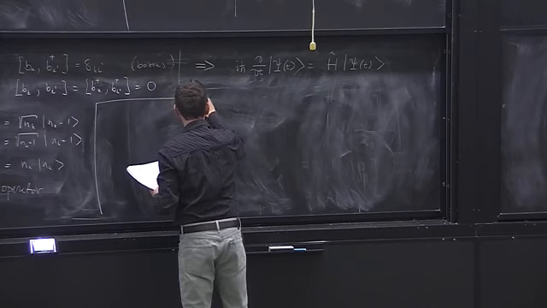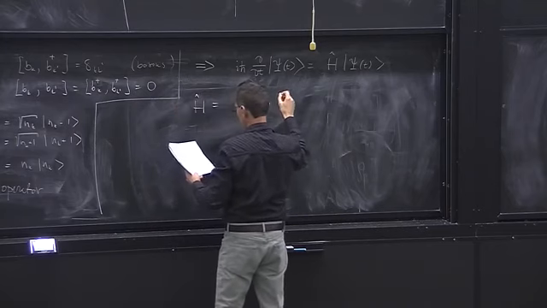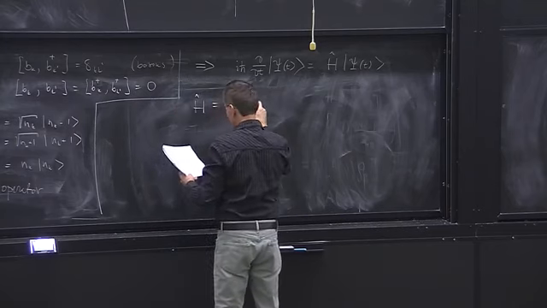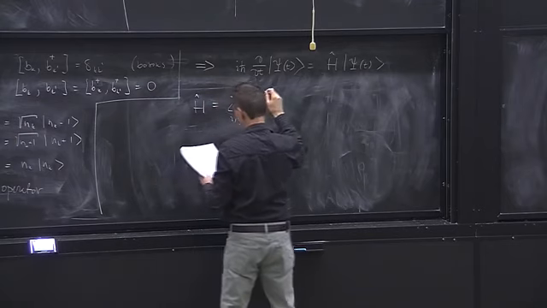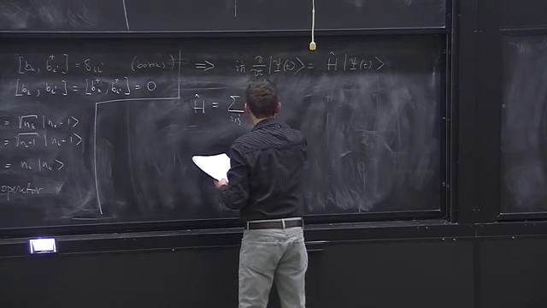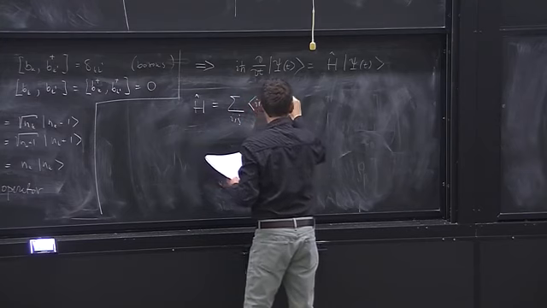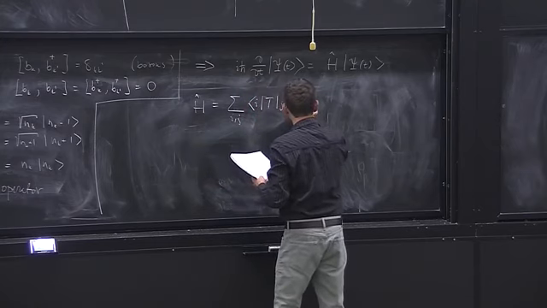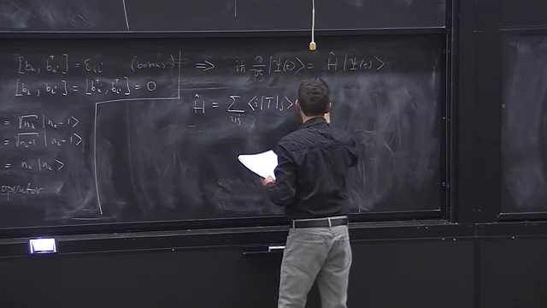It has two terms corresponding to kinetic and potential energy, and it looks like this: sum over i, j of i T j, b dagger i, bj.